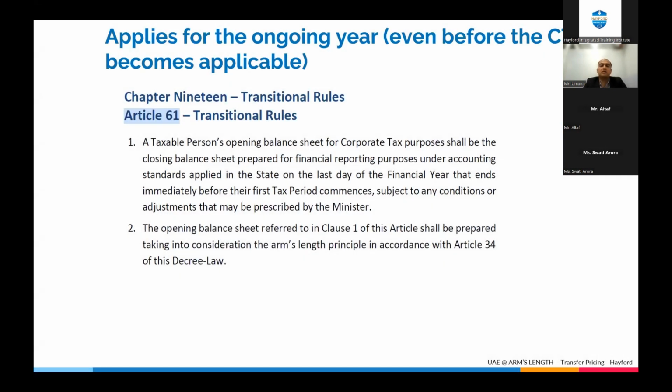Next, for about 5 minutes before we leave the floor open for Q&A, we will focus on the way forward. This is an interesting provision, Article 61, transitional rules. I'll draw your attention to Article 61, Clause 2, which says the opening balance sheet referred to in Clause 1 of this article shall be prepared taking into consideration the arm's length principle in accordance with Article 34 of this decree law. What does this really mean?